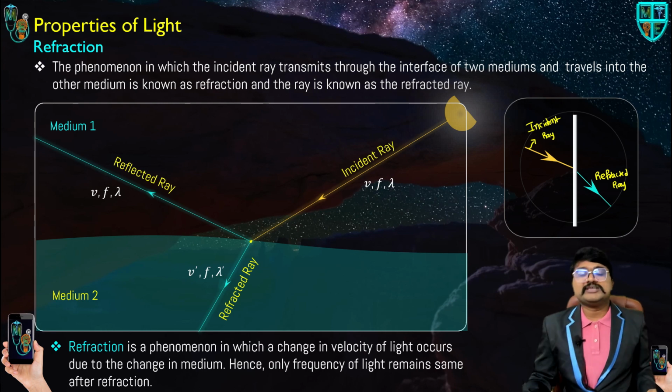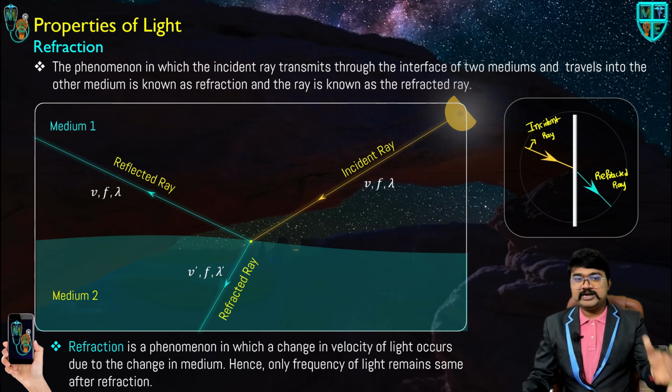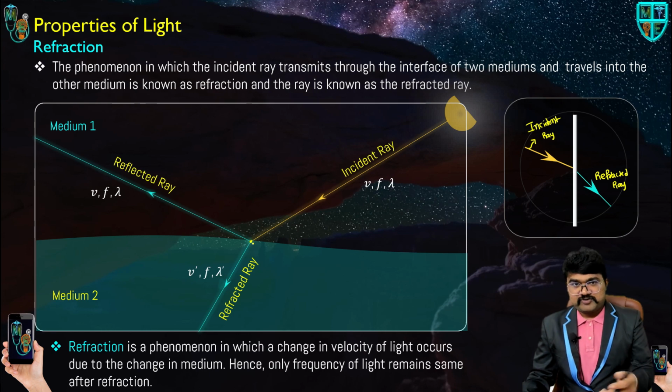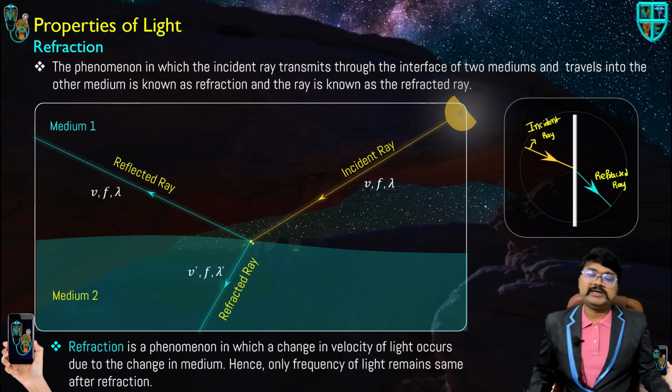The incident ray comes from medium 1 and the refracted ray transmits or travels into the other medium. That is the basic difference between reflection and refraction. These are some fundamentals related to reflection and refraction.